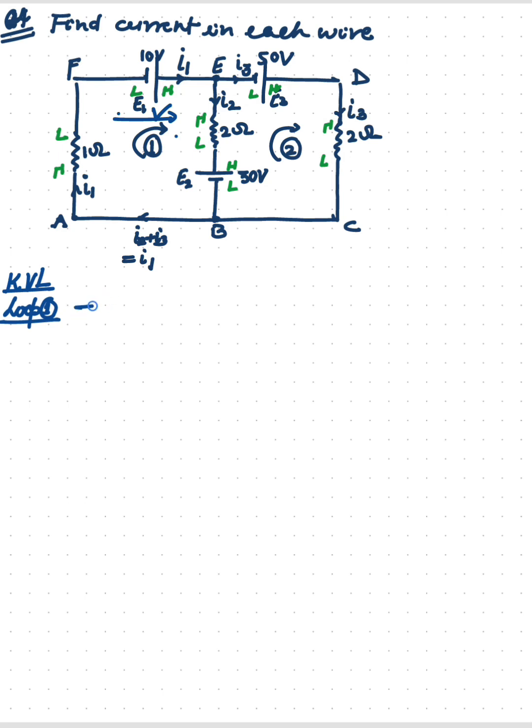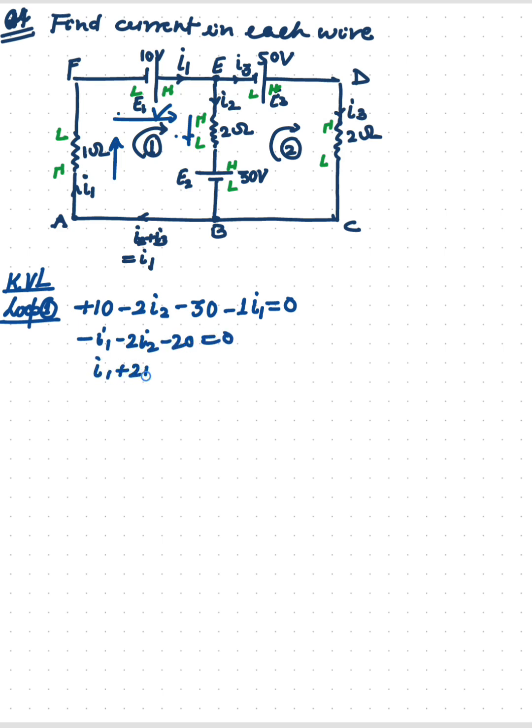So this will be plus 10, and here we are traversing like this, so high to low means minus 2 I2, and here high to low, so minus 30, and here high to low, so minus, this is a 1 ohm resistance, so 1 into I1 equals 0. So this will be minus I1 minus 2 I2 minus 20 equals 0, or we can write I1 plus 2 I2 equals minus 20. This is equation number 1.